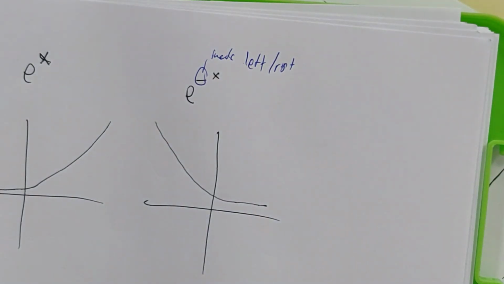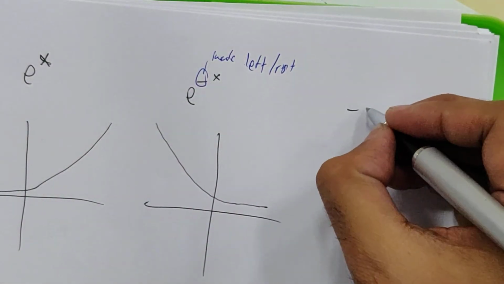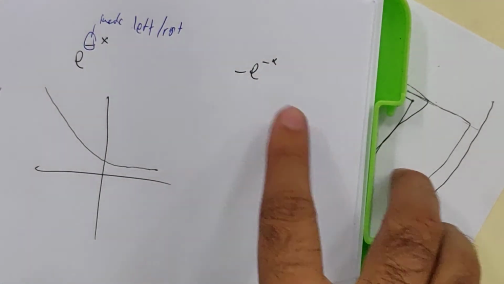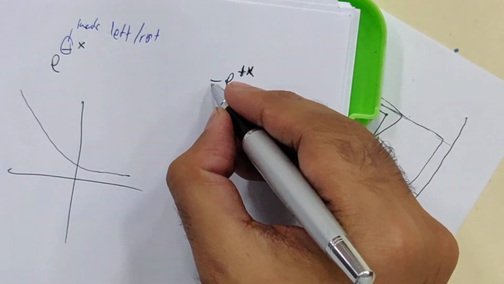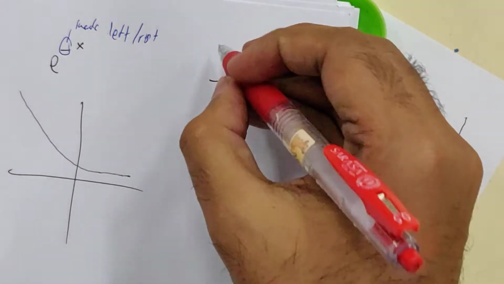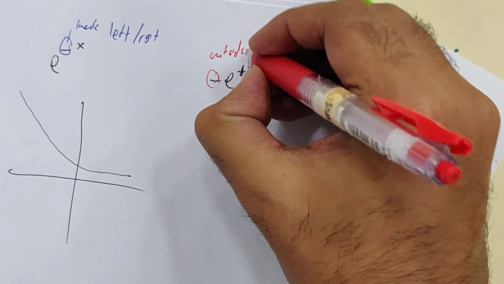Okay. Kalau saya tambah lagi, if I add it over here, how will the graph look like? Sorry, no, here is positive. Where did I put the negative? Outside. If outside, it determines what?